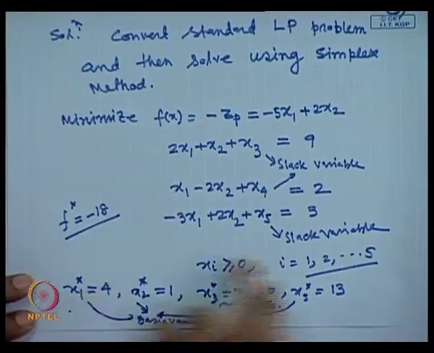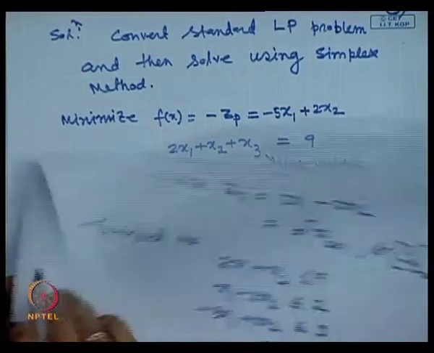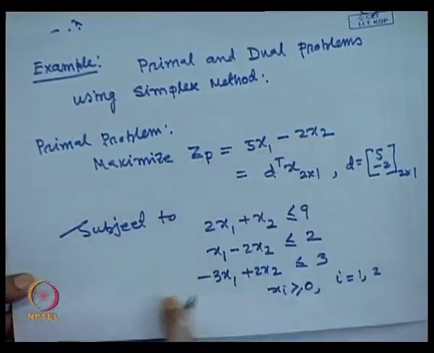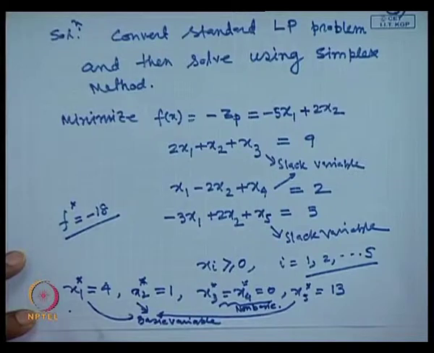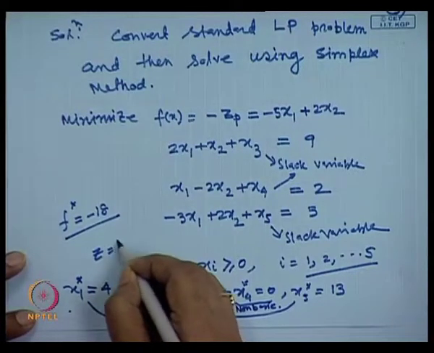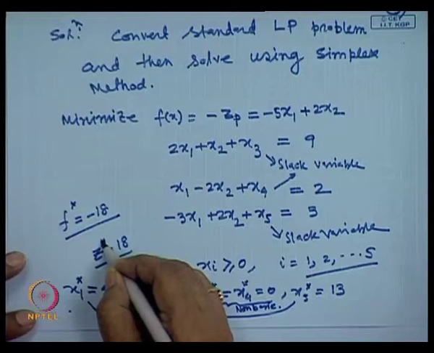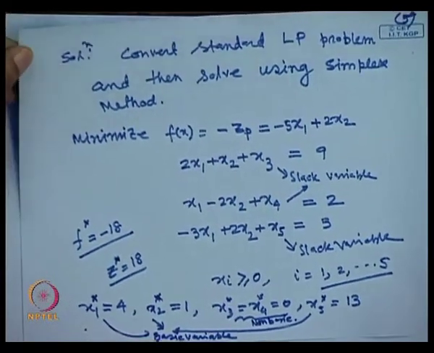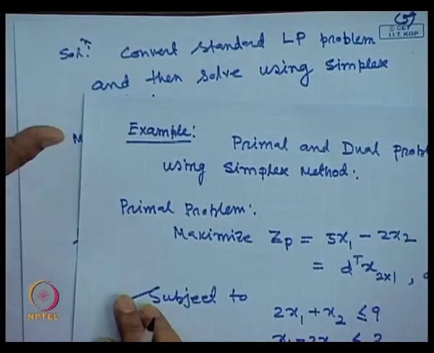If you see, our original problem is a maximization problem, so our maximum z will be plus 18. So, this is the solution. If you are given an LP problem and asked to convert it into the dual problem, and then solve it using the simplex method, you have to do it this way.